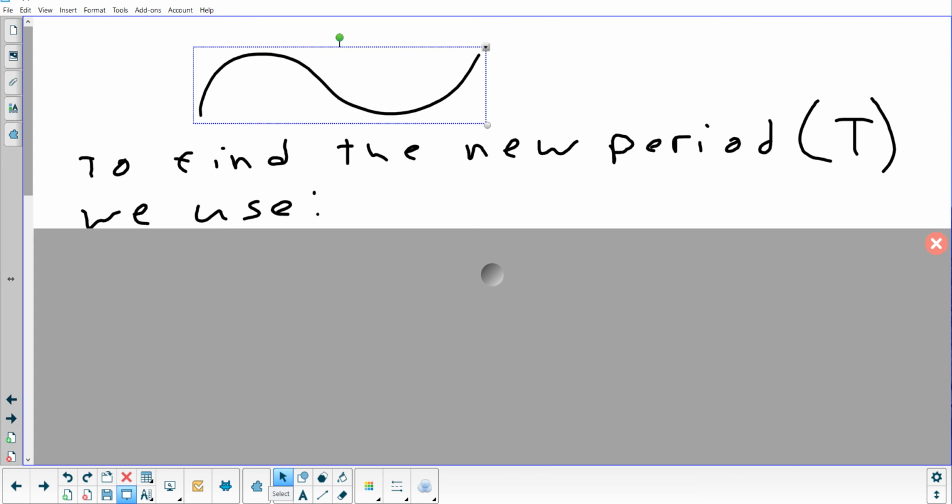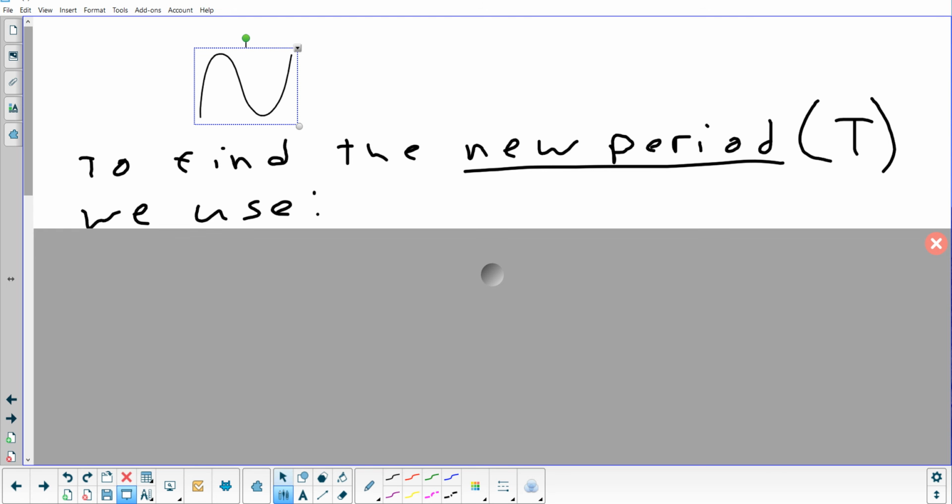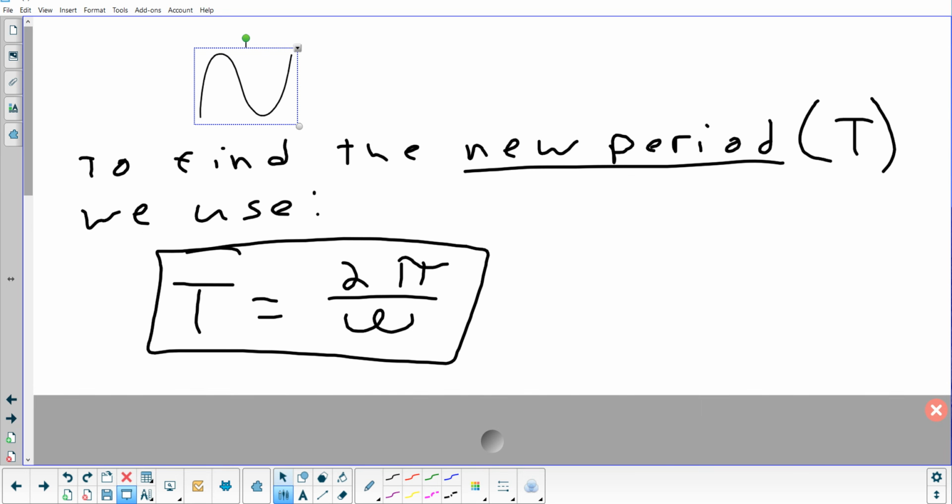Yep, now I can. So let's say that's your normal wave, and then you go like this and compress it. Well, how wide is the wave now? How much of a compression did you do? And there's a formula to figure out what the new period is, whether you stretch or compress it, whether it gets bigger or smaller. And that is the formula.